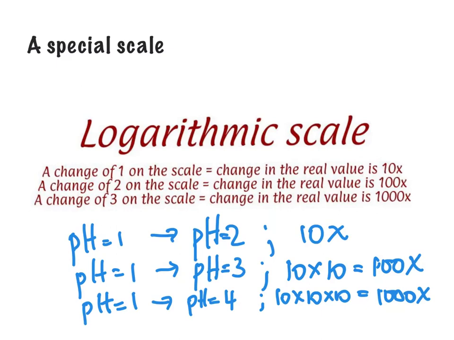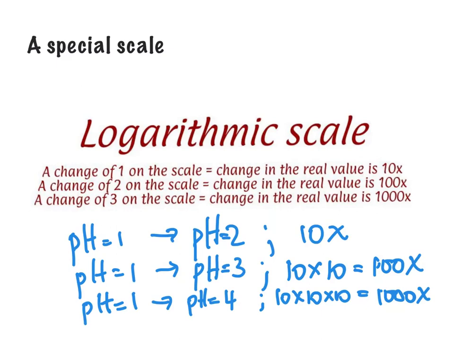So in other words, at pH 4, the concentration of hydrogen ions is 1,000th of what it was at pH 1. That's a lot. That's a heck of a lot.